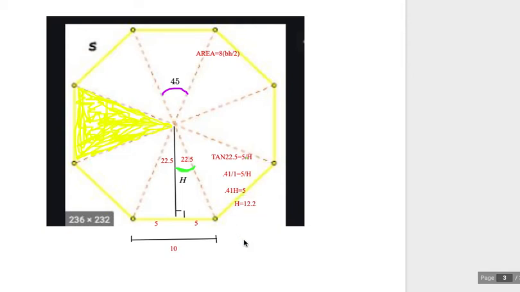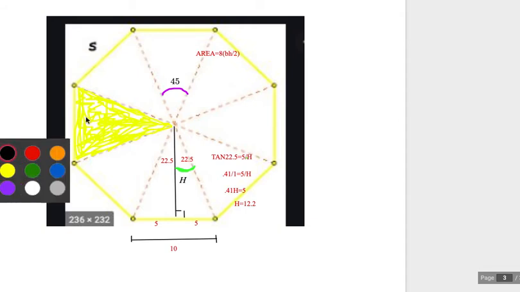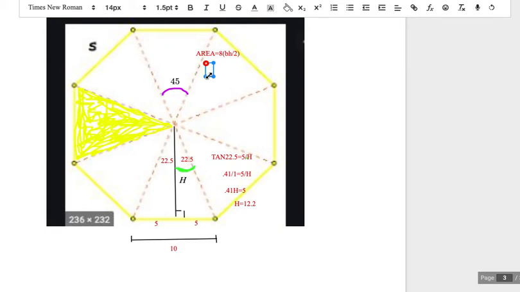Okay, now that I got my height is 12.2, I'm ready to go back and find my area. So I'm now going to go back up to this formula. And I'm going to put area is going to equal 8 times my base, which I want to be careful. This is my base.